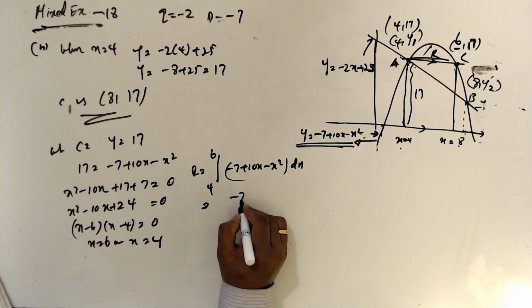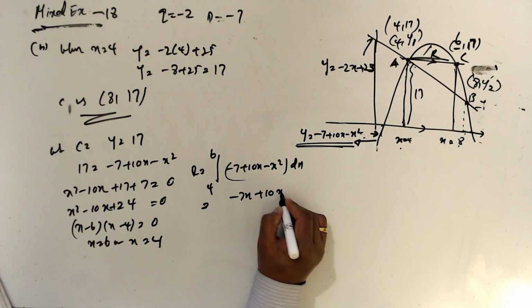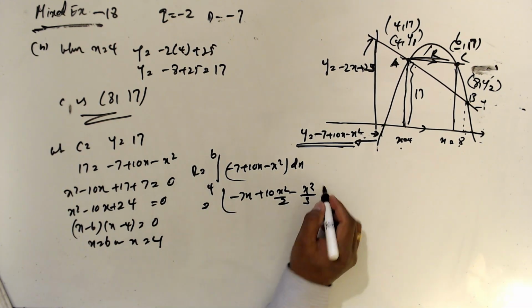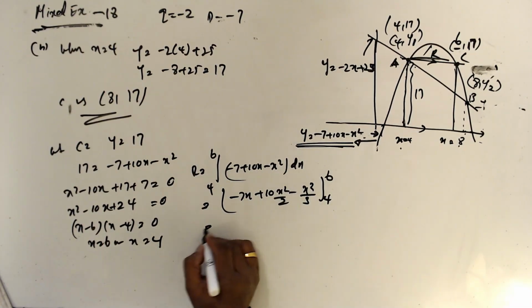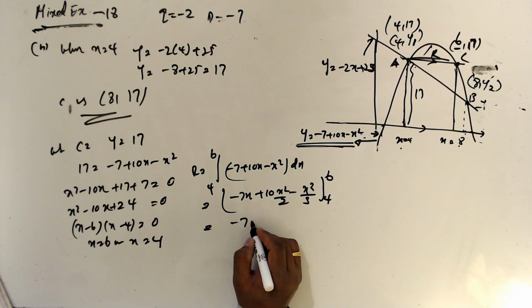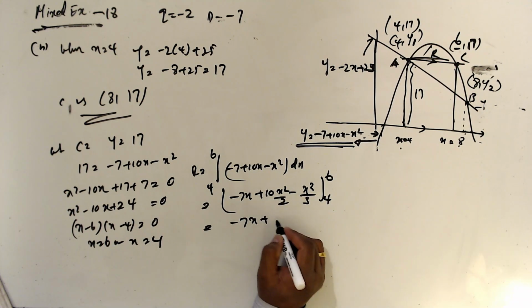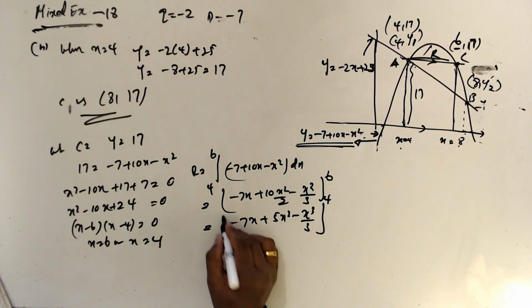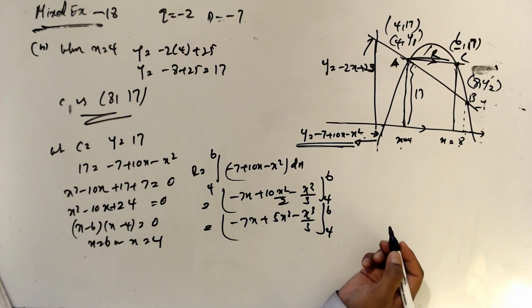Then this is minus 7x plus 10x square over 2, which is 5x square, minus x cube over 3, from 4 to 6.